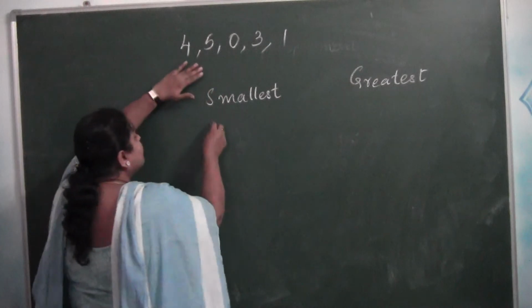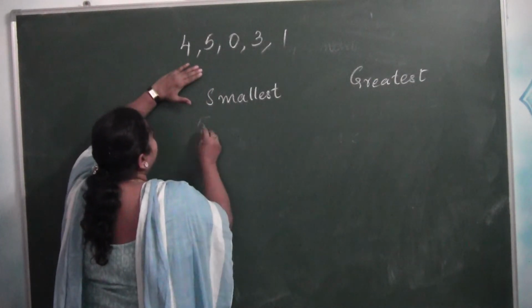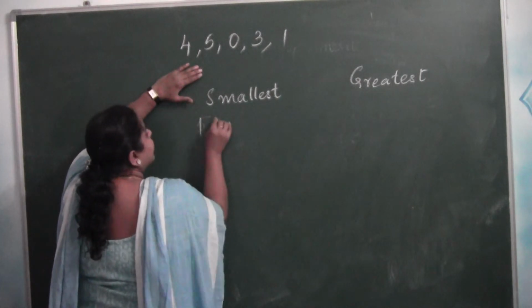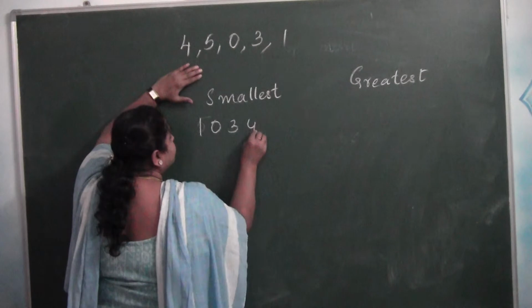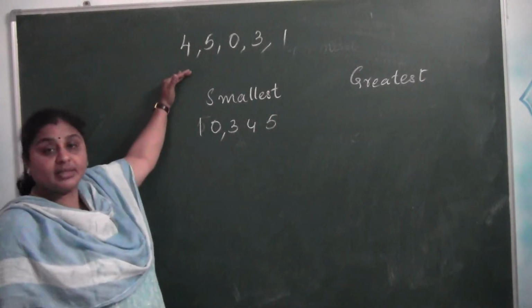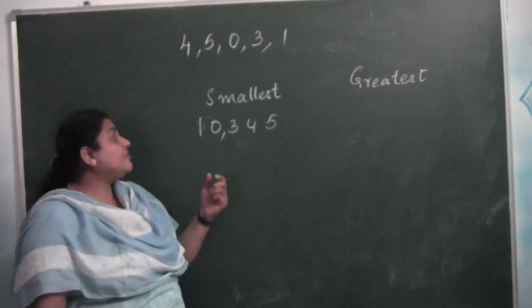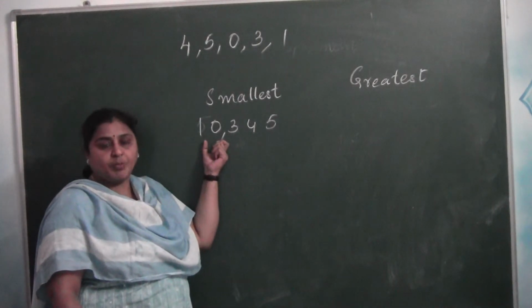I mean to say first is 5. No, first is 1, then I will write 0, then 3, then 4, then comes 5. That is 10,345, when I have a condition like 0 has to be written in the thousands place.